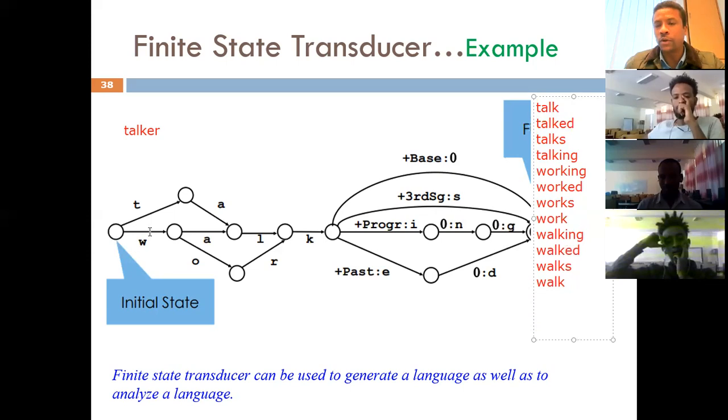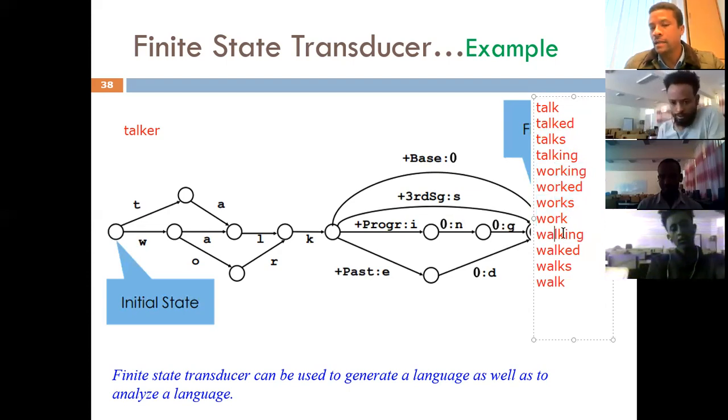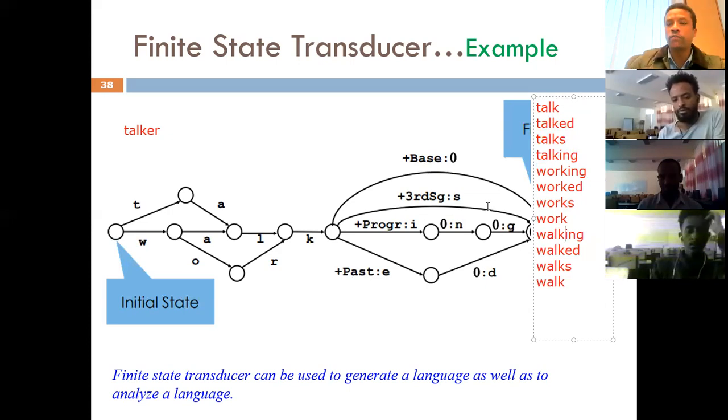After you have W, it can be followed by A or O. If it is followed by O, then the only option is that it will be followed by R, then K. If it goes in the direction of A, then it will be followed by L, and finally K. So mind you, this small finite state model can give you all these possible words.